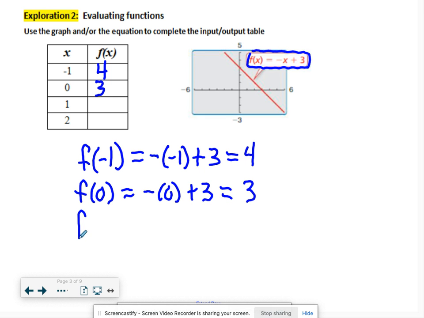I'll show you. If you plug in 1, negative 1 plus 3. What's negative 1? Because remember, it's like a negative times a 1 there. Does that make sense? Okay. So -1 plus 3 is 2.